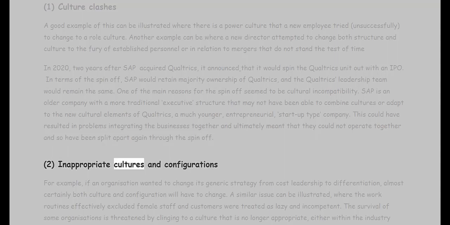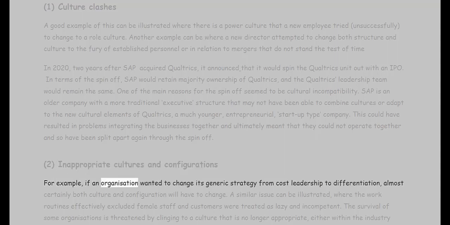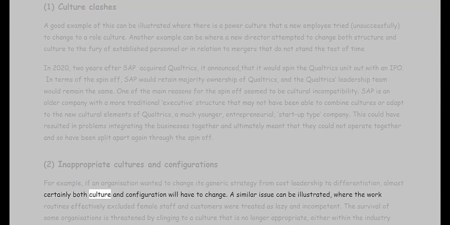2. Inappropriate cultures and configurations. For example, if an organization wanted to change its generic strategy from cost leadership to differentiation, almost certainly both culture and configuration will have to change.